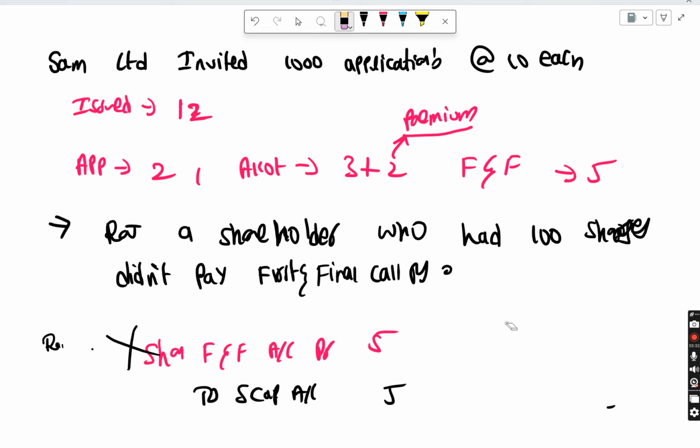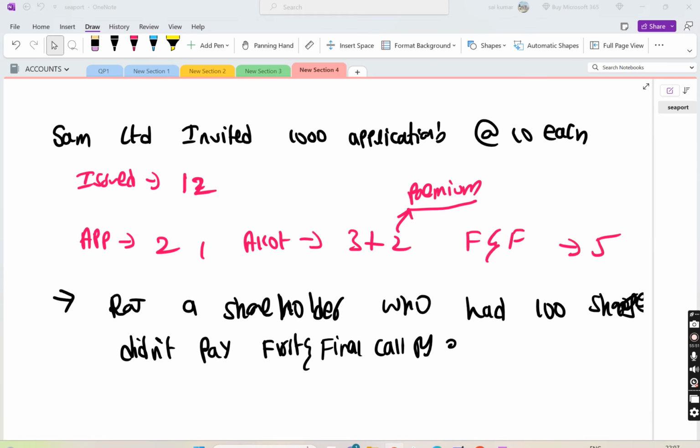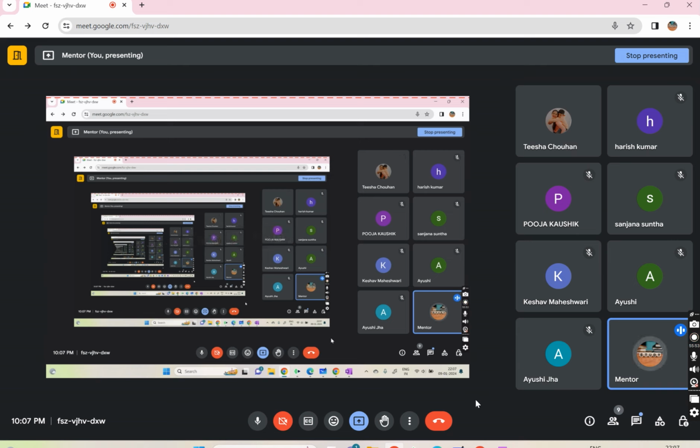Okay, very good. So let's write these entries very quickly, or if you guys are very sure about the entries, or whatever she told, if everybody understood, we can go to the next one. How many people say we can go to the next one? Keshav?